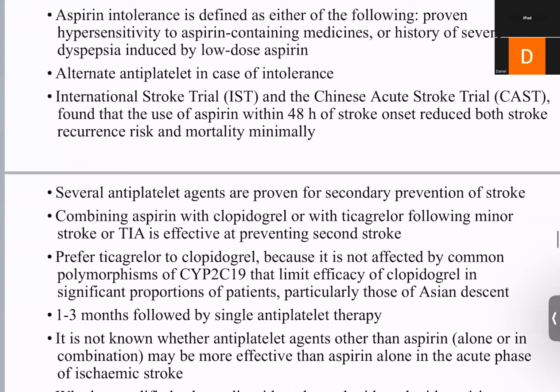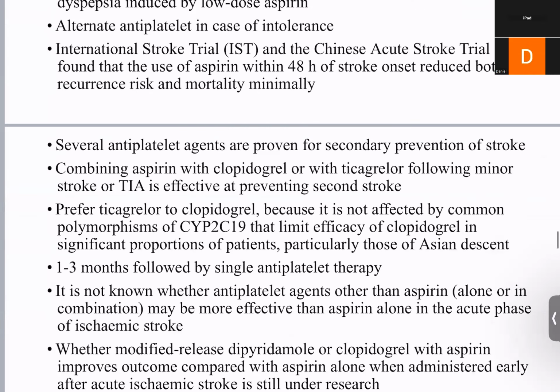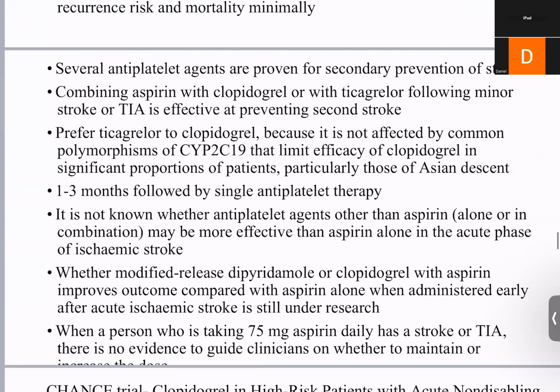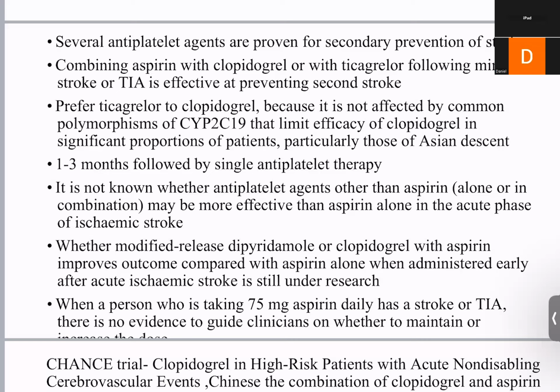For secondary prevention of stroke, we have several antiplatelet agents which have been proven to reduce the risk of stroke. The other two antiplatelet agents, especially clopidogrel and ticagrelor, have been proven to be effective in preventing secondary stroke.